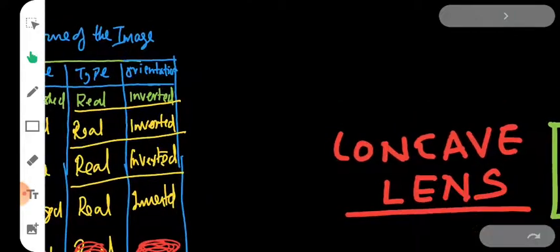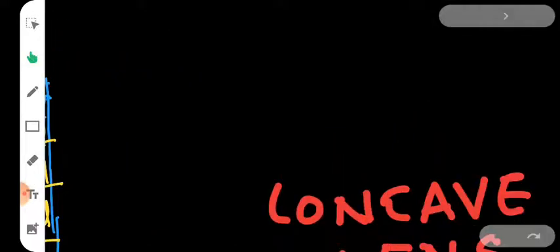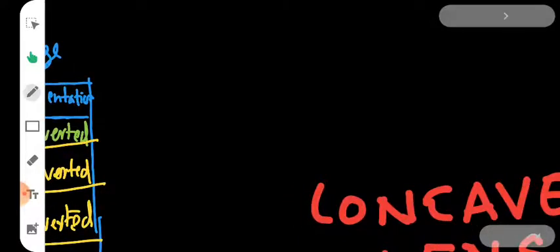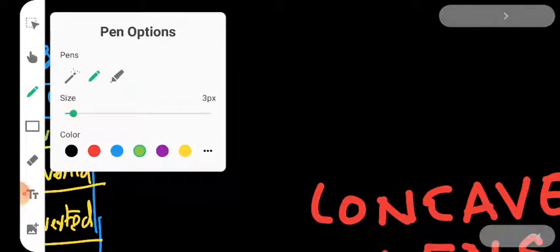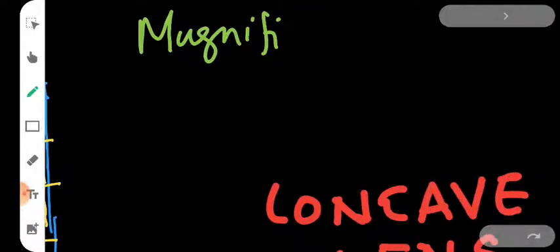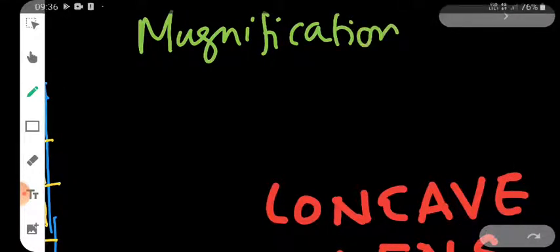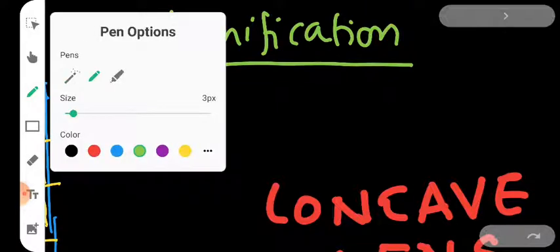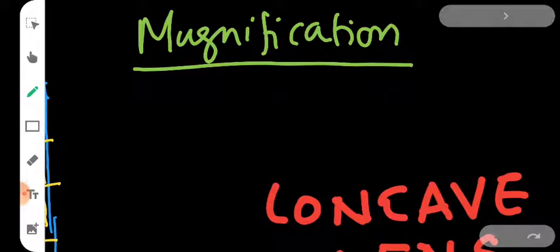Yeah, there is one more formula that I forgot to teach you, and that formula is about the magnification of lenses. Just similar to mirrors, the magnification is defined here, but it's a bit different from the magnification of mirrors.